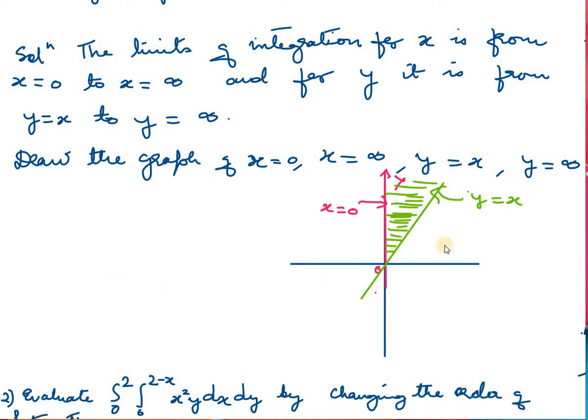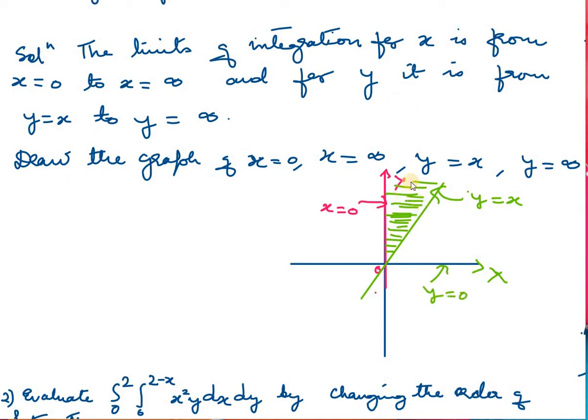Now from this area, you need to find the limits of integration. For x, it will be in terms of y, and for y, it will be in terms of constants. Now here, this one is the x-axis, so this will be y is equal to 0.